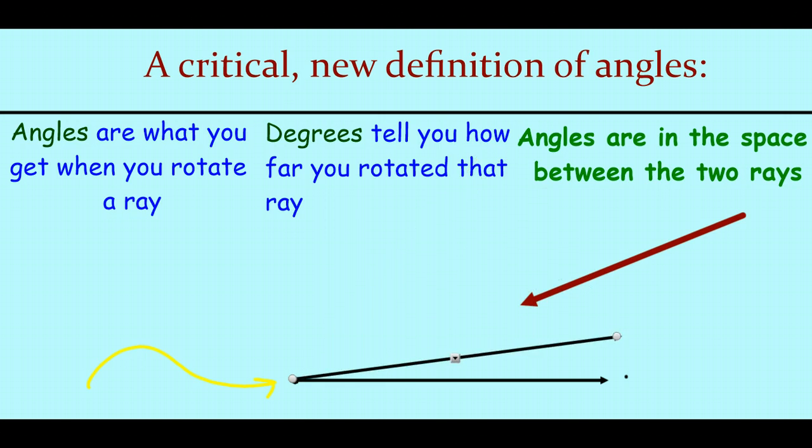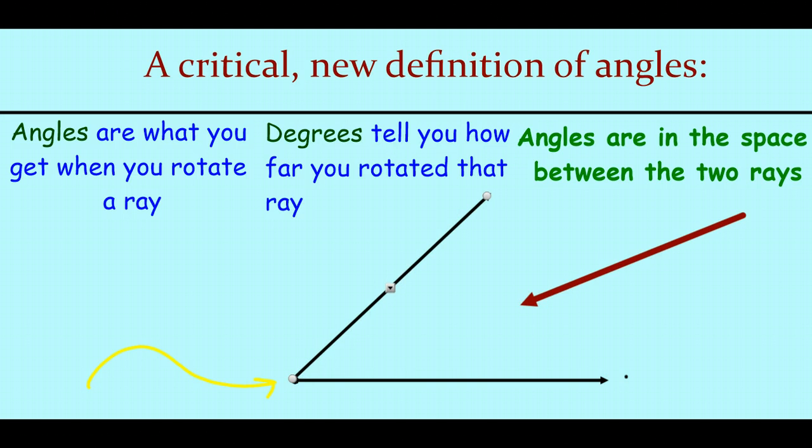We can make a small angle if we only rotate the ray a little bit. We can make a large angle if we really rotate the ray. But as long as the endpoint stays the same, if we rotate the ray, we can form an angle. And that is another definition of an angle that we need to be comfortable with, an angle as a rotation of a ray.